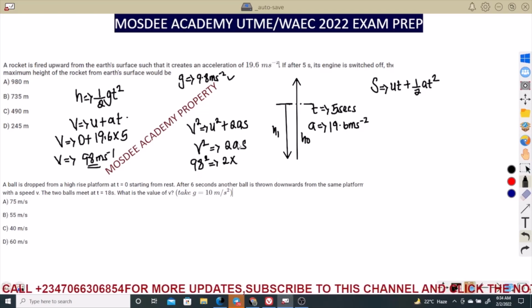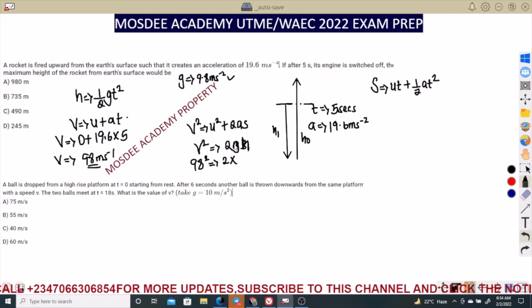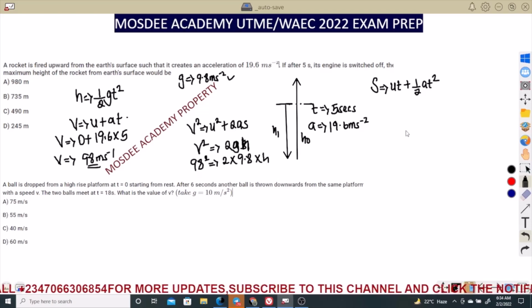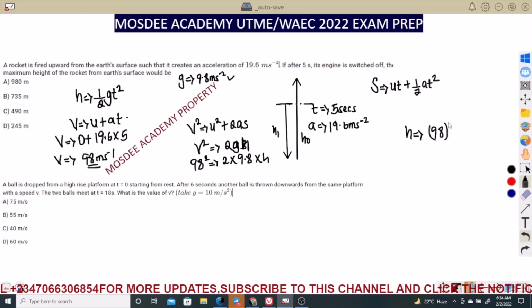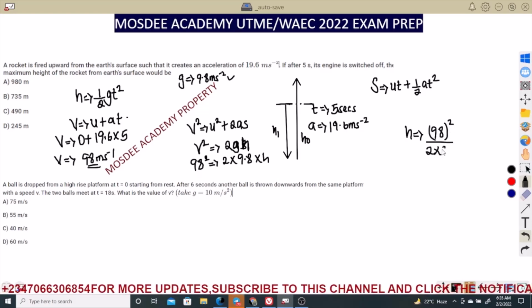I'm using 2gh. Please, I need the height it has attained. So I'm using g as 9.8 times h. On simplification, I'll get 98 squared divided by 2 times 9.8.